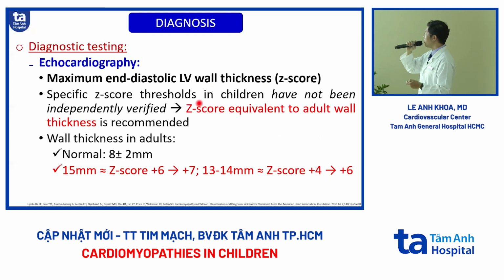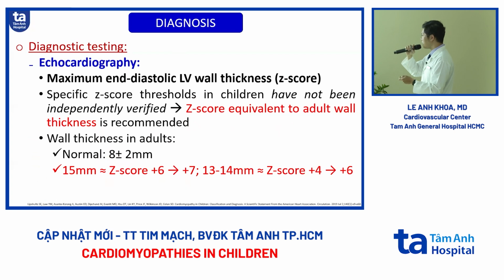Echocardiography is very important in the diagnosis of HCM, with the specific Z-score. The wall thickness measurements are based on the Z-score. We can use the Z-score equivalent to the adult wall thickness. The normal wall thickness in the adult is 8 plus or minus 2 millimeters.